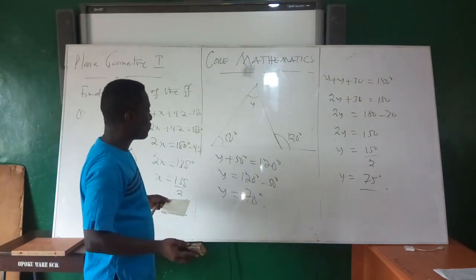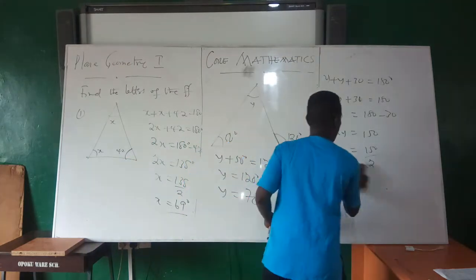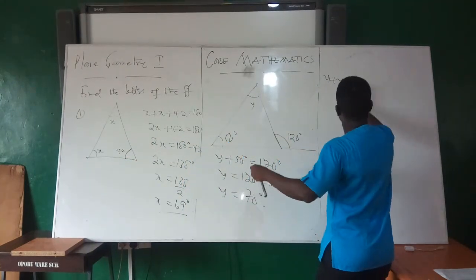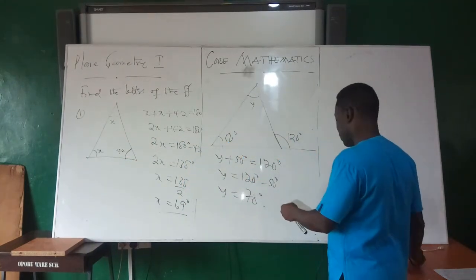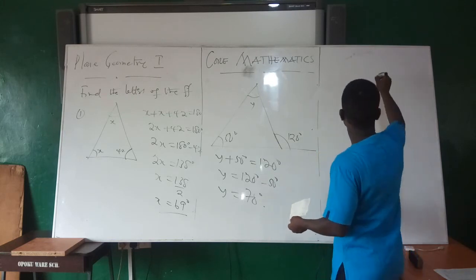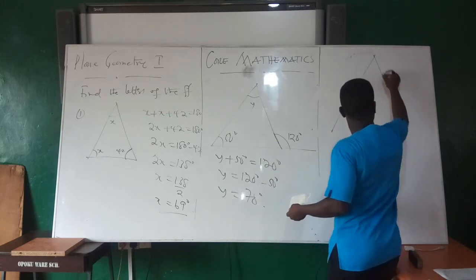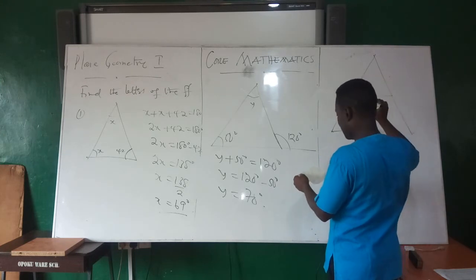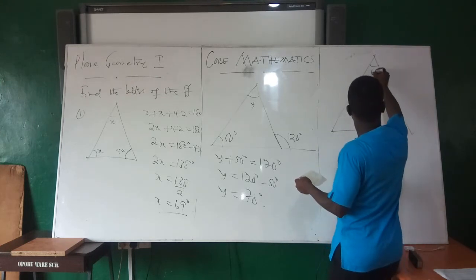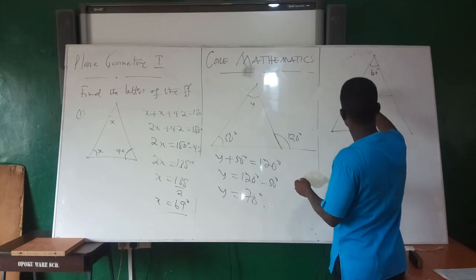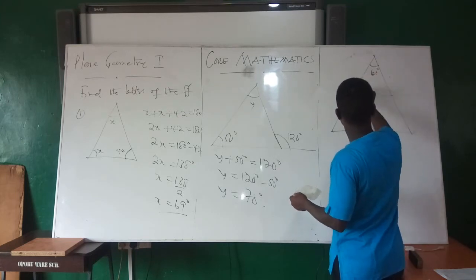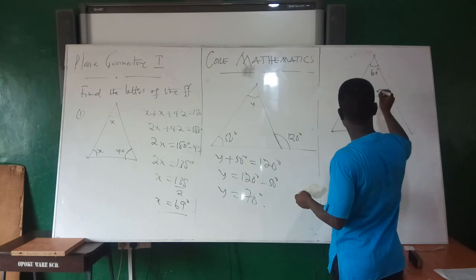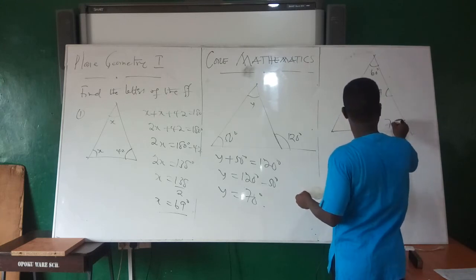Now let me take a last one before I probably round up my lesson, and then I'll just give you one to go and try. I have this, and I have this. That's a 60, and I'm looking at P, and I'm looking at Q, and I'm looking at 70.